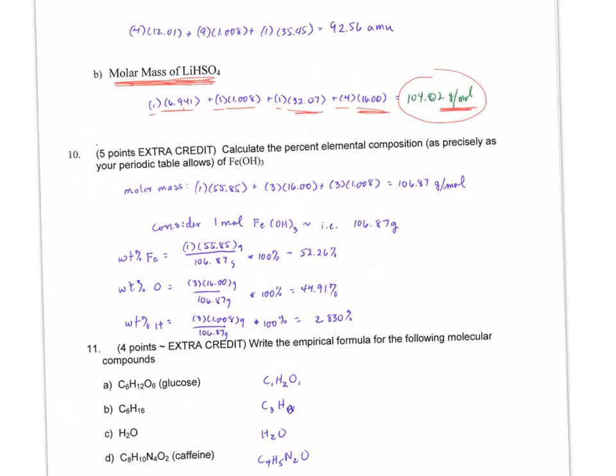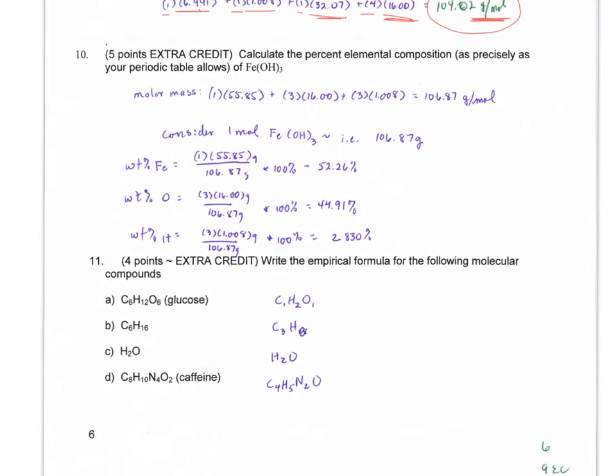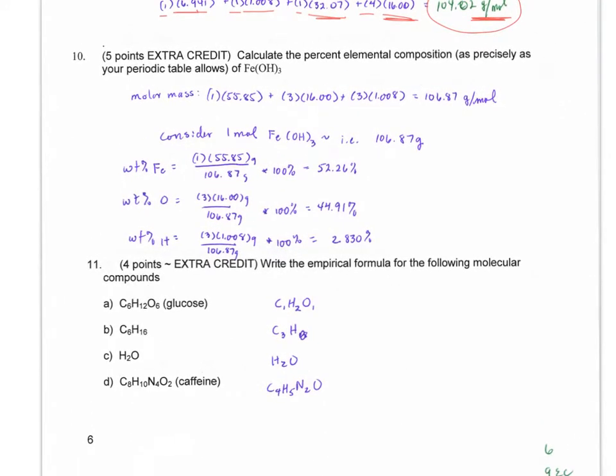Now again, this is this semester, that was that semester. So I hope everybody's with me, this is not for extra credit this semester, because we definitely covered these in lecture. We covered them, was it Friday and Monday, or was it just Monday? But anyway, this is worth regular credit. You have to come up with the weight percent for each element. The example I had was this iron 3 hydroxide.